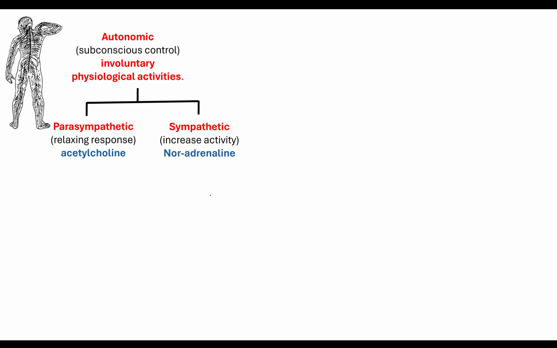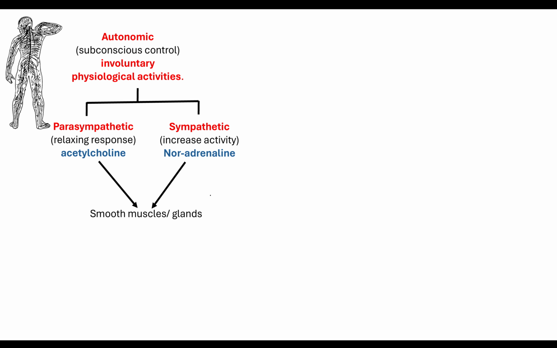Now, both the parasympathetic system and the sympathetic system have an effect on the effectors. So the smooth muscles and the glands are going to respond based on the signals that have been sent from either the parasympathetic system or the sympathetic system.